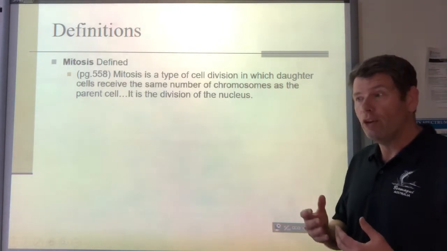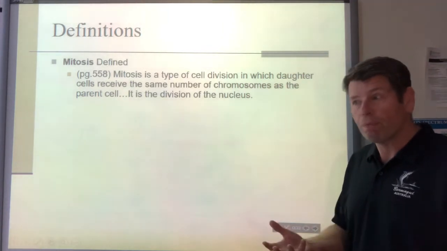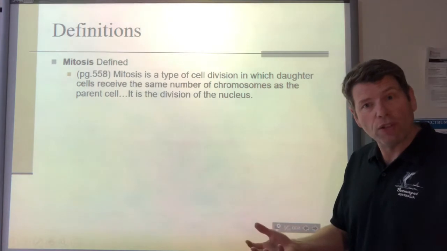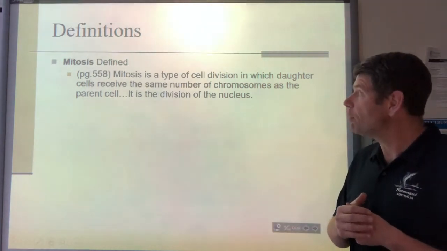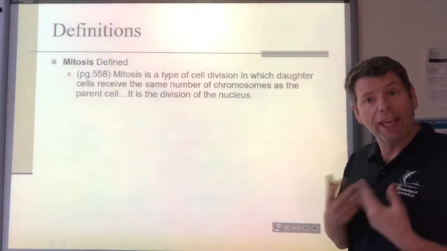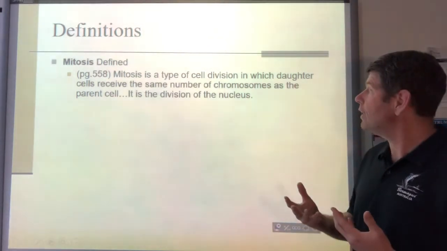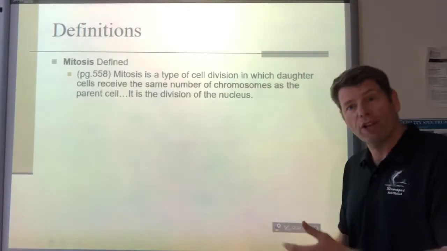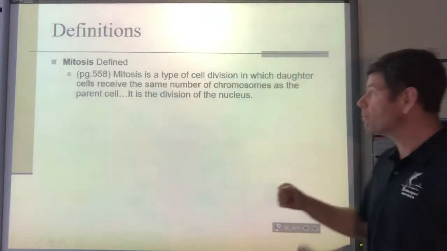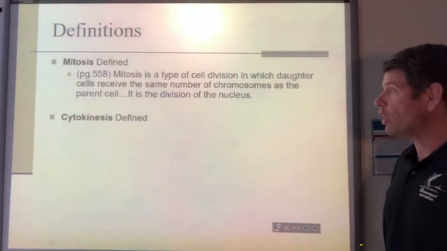And so in order for you to produce identical cells, go from one cell to 2 identical cells, you have to be able to duplicate those chromosomes and then pass them from the parent to the daughter. Technically, the parent sort of becomes the 2 daughter cells as it grows and splits. That's exactly what we need to talk about.